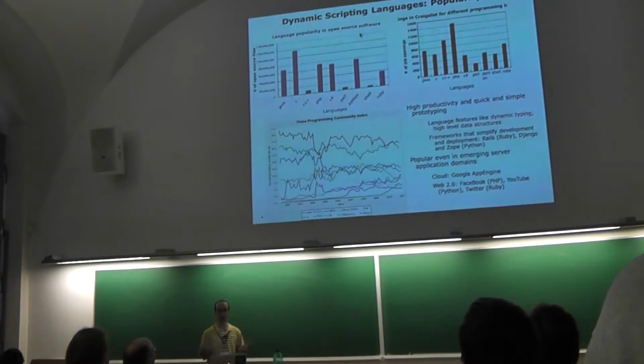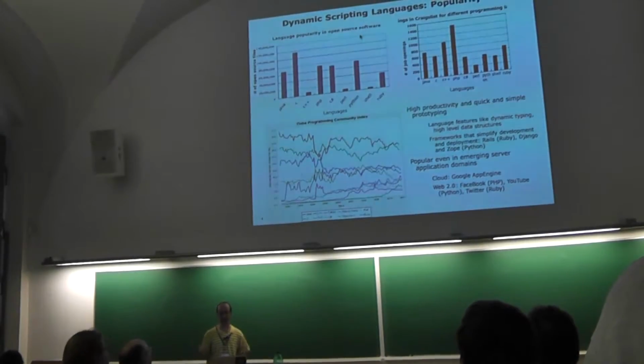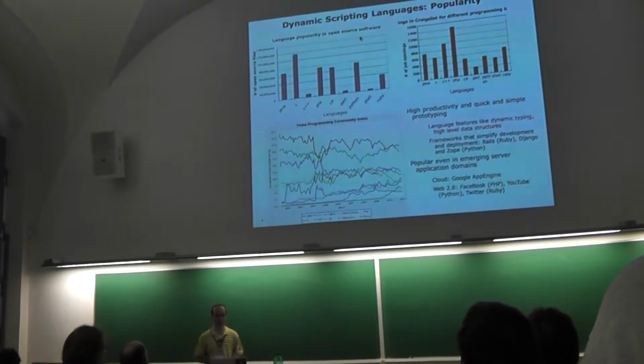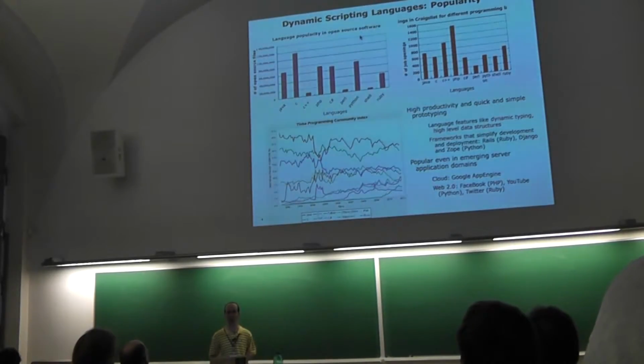To a large extent, they're actually used because of the very extensive frameworks and libraries. In other words, Ruby is very popular because of Rails, and Python is very popular because of Zope, Django, and there's NumPy, with a slightly wider use there. PHP obviously has a great deal of use within web servers.